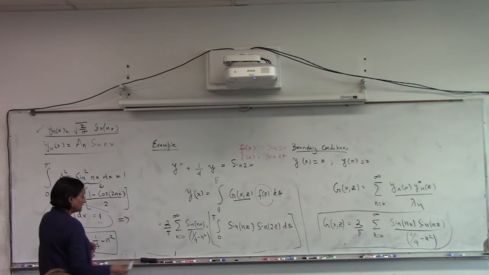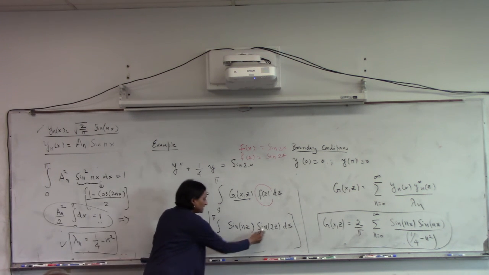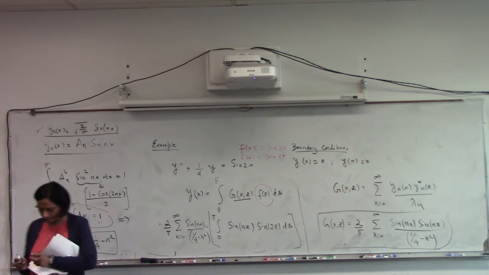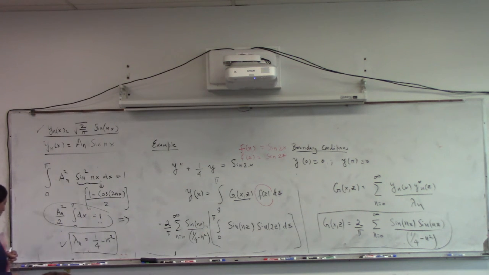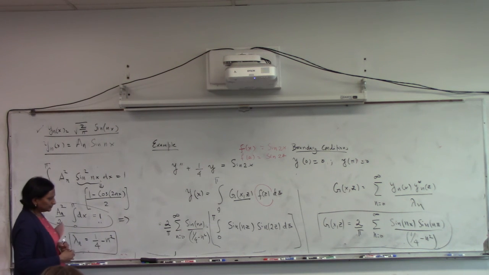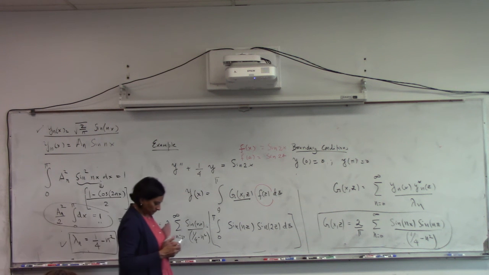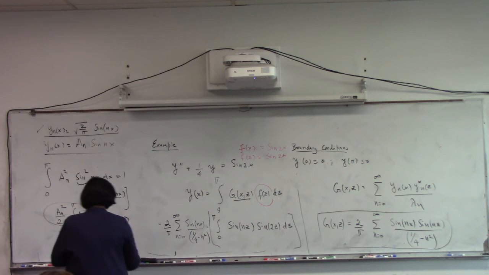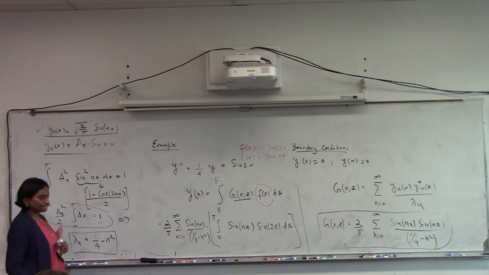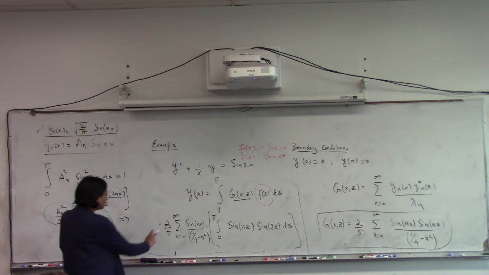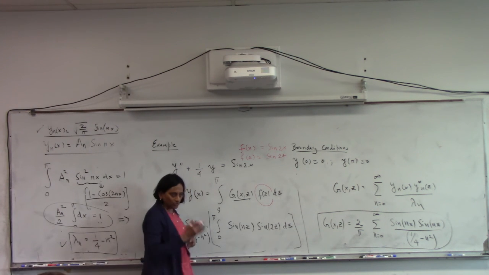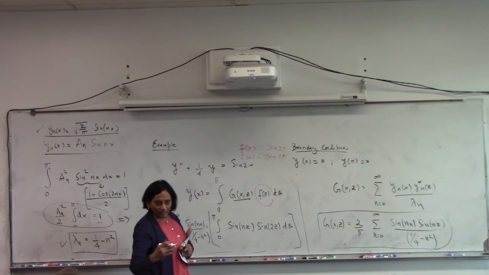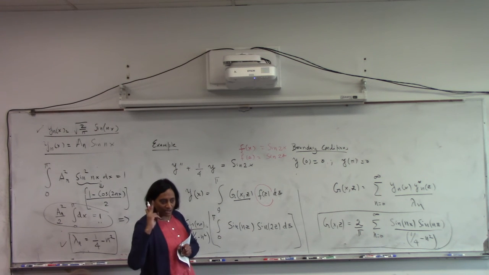And what is this integral? Sine nz sine 2z. You've come across this before. Again, think of this as 2 sine A sine B, so cosine of A minus B minus cosine of A plus B, and it will contribute only when the arguments are the same.